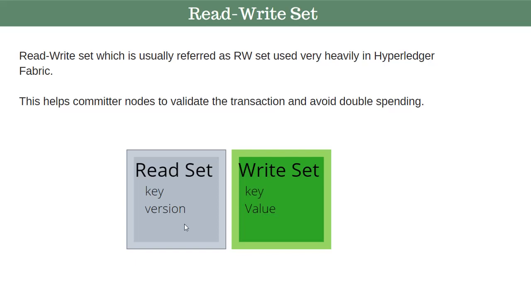In case you want to verify what information is there in a ledger, the read set helps you validate your transaction, because it reads something from the ledger and helps you validate it against your current transaction. The write set, as the name suggests, helps you write something to a ledger. Just keep this in mind at a very basic level.